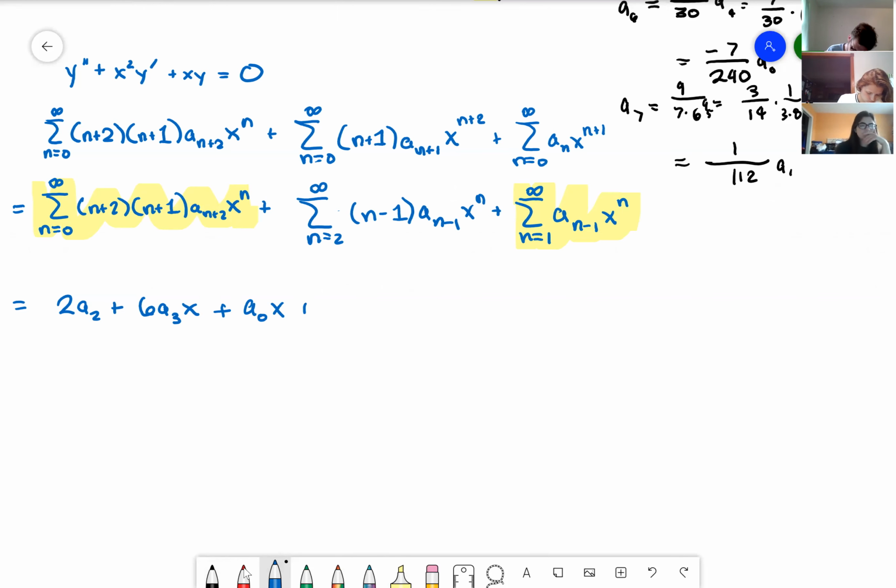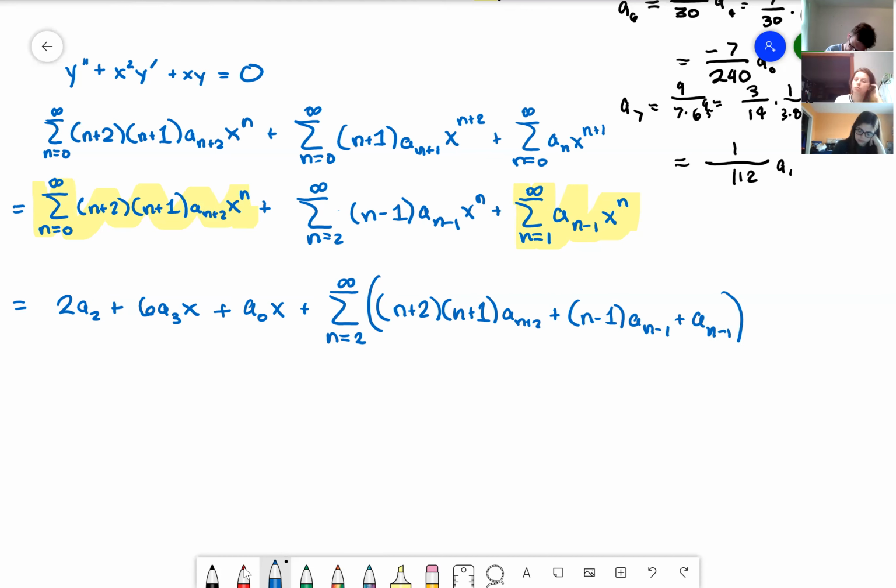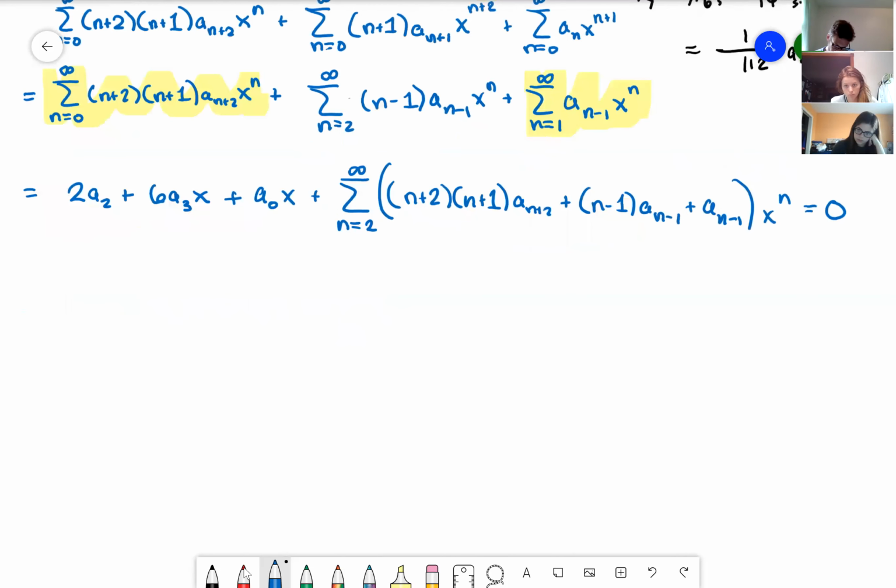Okay. And now everything else: the sum from n equals 2 of n plus 2, n plus 1, a n plus 2, plus n minus 1, a n minus 1, plus a n minus 1, times x to the n, all equals 0. So all the coefficients on like terms have to add up to 0.